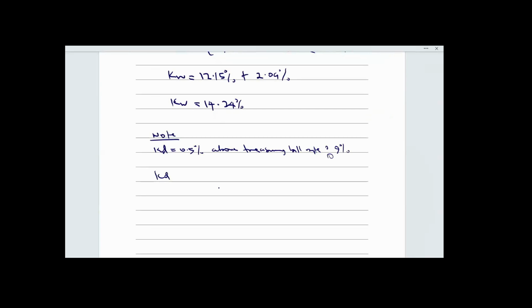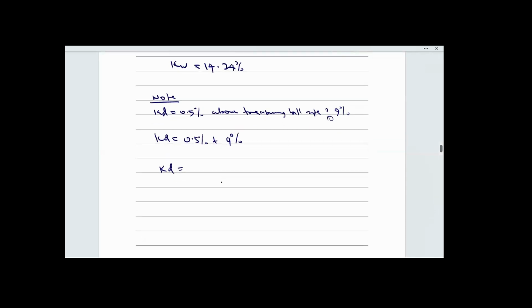Therefore, KD equal to 0.5% plus 9%. So KD equal to 9.5. All right, so that's clearer.